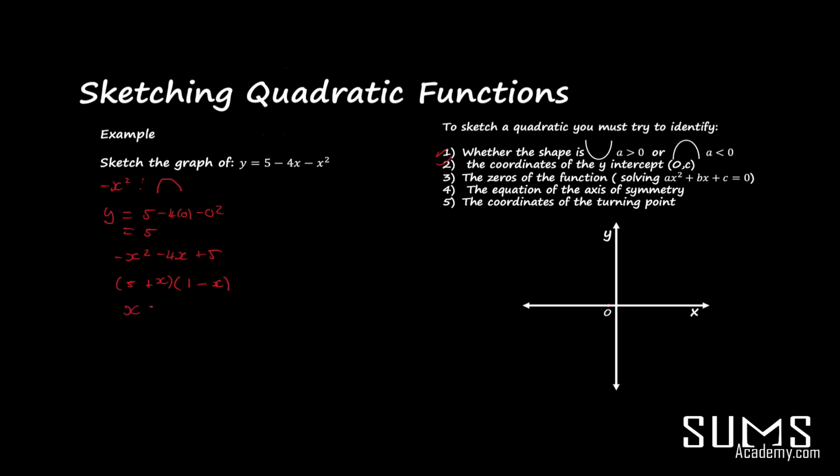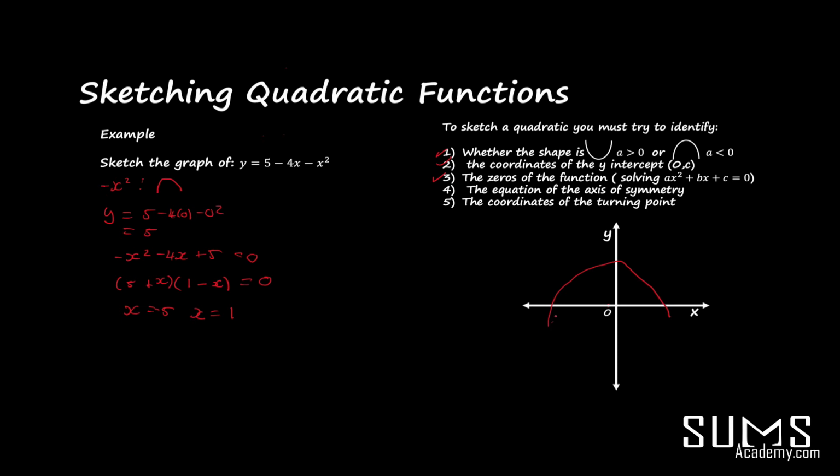So let's set this equal to 0. X is equal to negative 5, and x is equal to 1. So I've got the zeros of the equation. Well, the equation of symmetry is going to occur halfway in between the two roots. So it's minus 5 to 1.